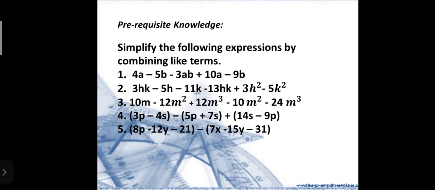Pareho ng variable, pareho ng exponent. Halimbawa, yung isa, let's say, pareho silang variable, ang variable ay a. Pero yung isa ay, ang exponent is 3, and then yung isa, ang exponent ay 2. Pwede ba natin silang pagsamahin?